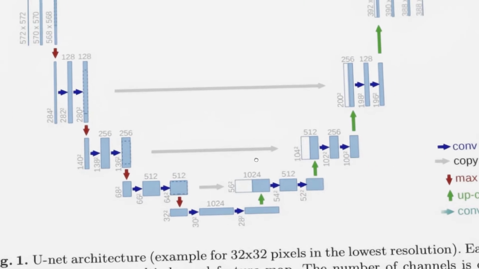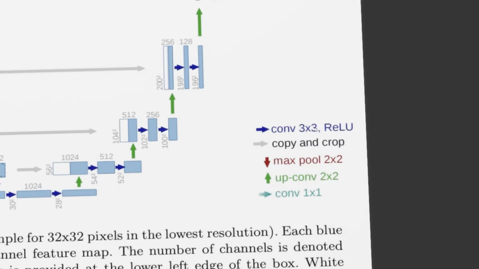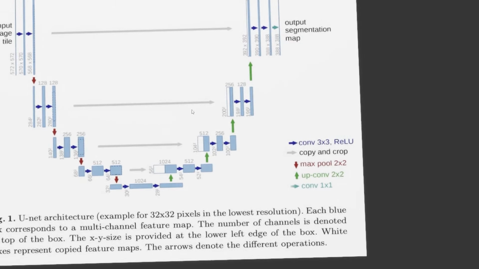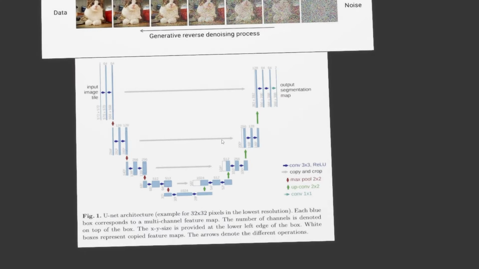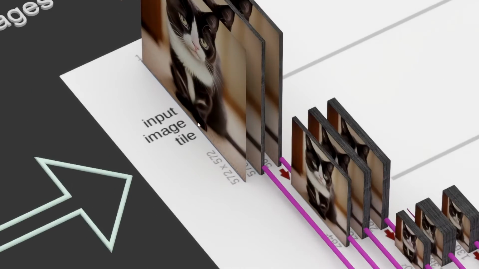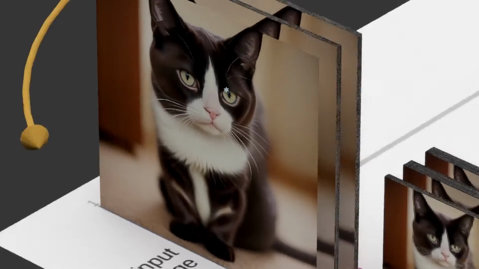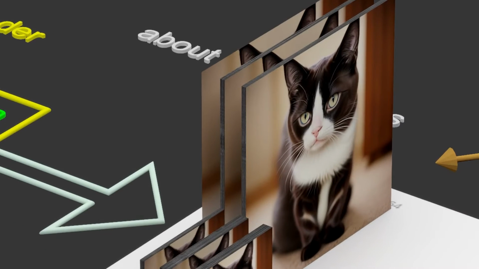Here you can see many different blue arrows with the name convolution 3x3, and also there are some other different processing. Here you can see that we are sending an image into the Unet, and after that it will create 64 different copies of this image with different filters.